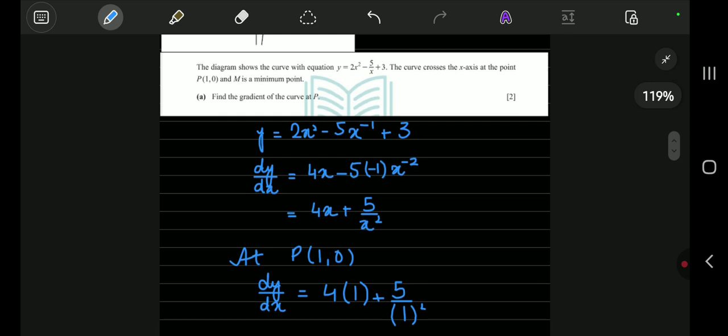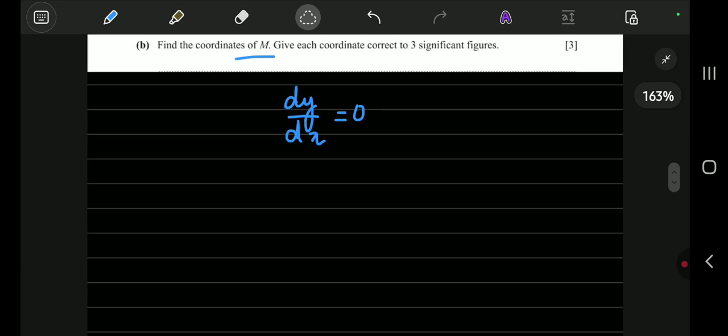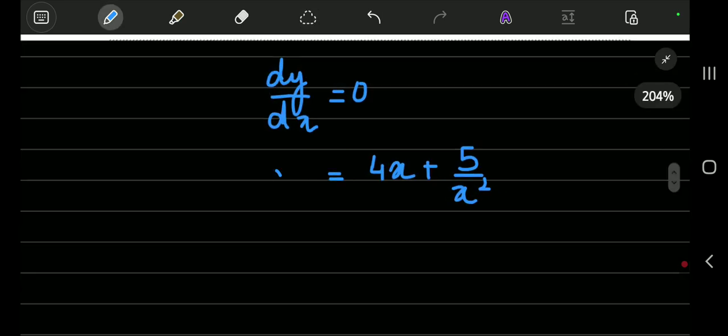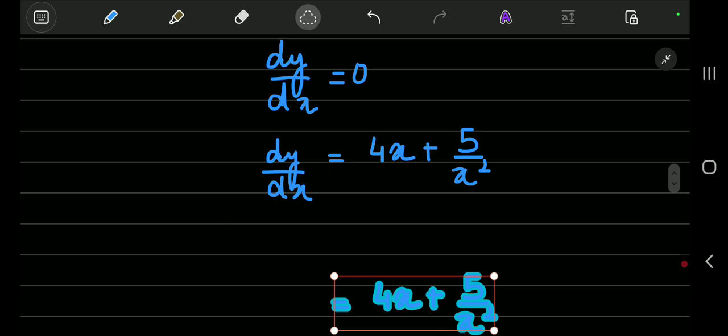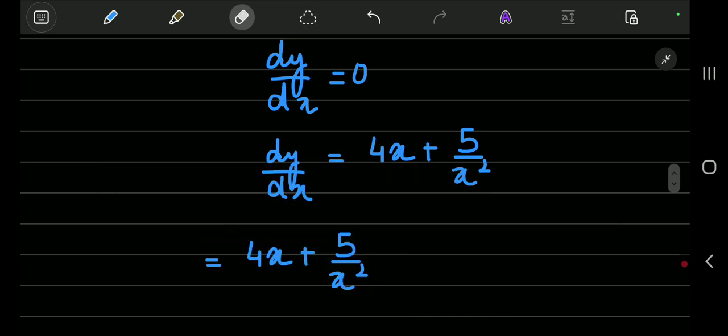So now we have this dy by dx already with us. We already differentiated this equation. So let's write this up and now put this equal to 0.